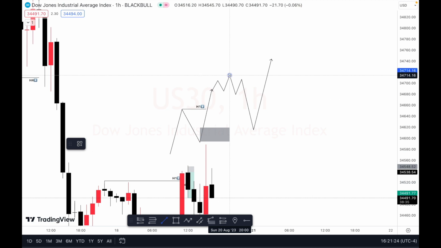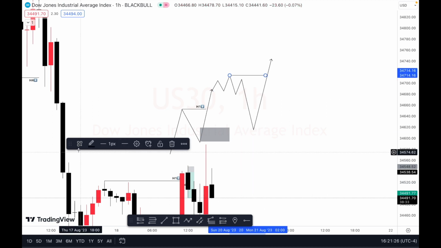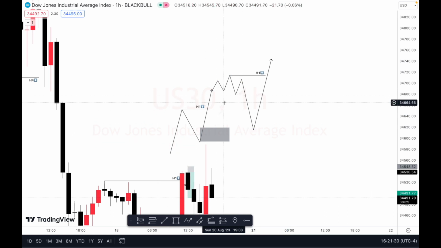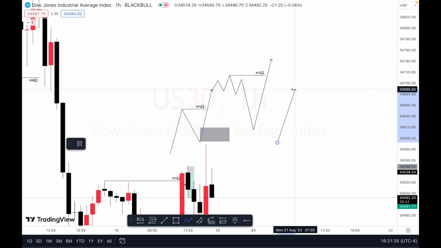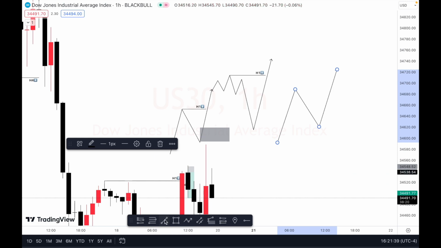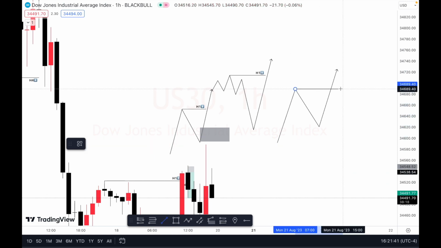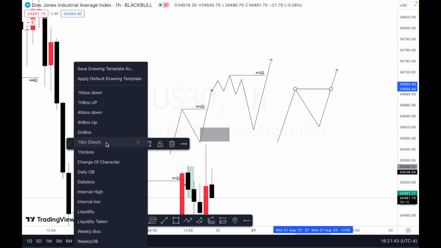Same situation, just on a lower time frame. Same thing I just showed you, but a lower time frame. So now a higher time frame, again, let me put it side by side. A higher time frame will look like this. This is a higher time frame setup right here.